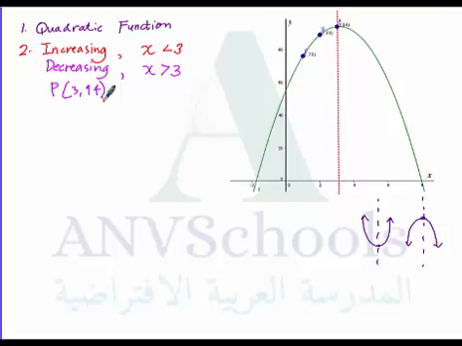And is it concave up or concave down? Now, at this interval, x less than 3, we have a graph that tends to go down, so it opens downward. And at x greater than 3, the graph is also opening downward.